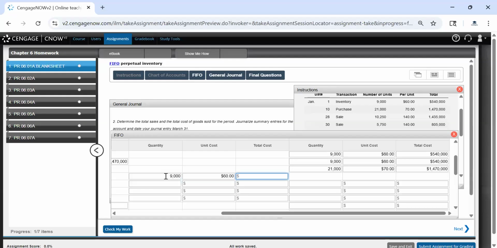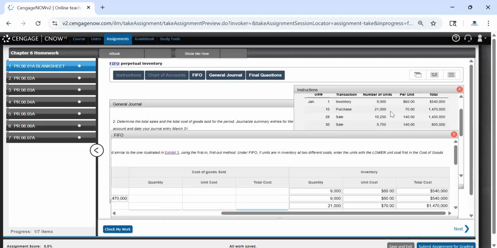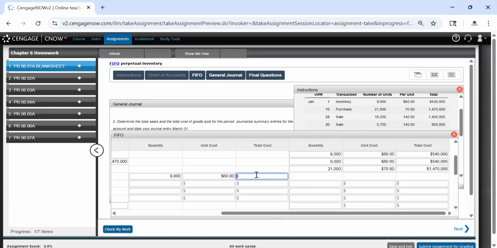At $60 per unit is going to be our unit cost because this is our cost section, not our sales section. And that's going to be the total $540,000. We have another 1,250 units, and that's going to come from the $70 inventory purchased on the 10th. And that total comes to 87,500.